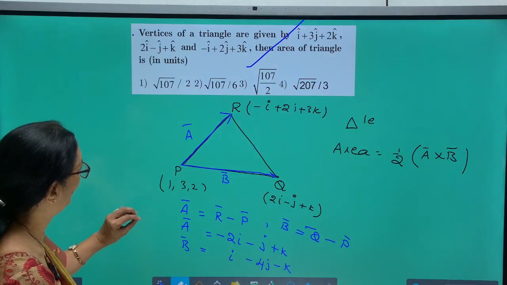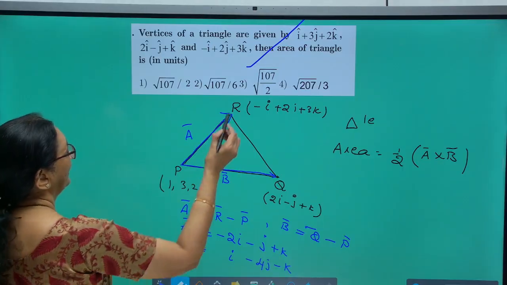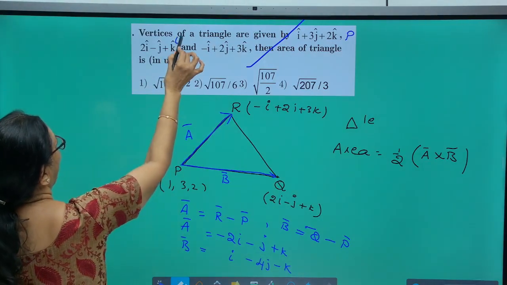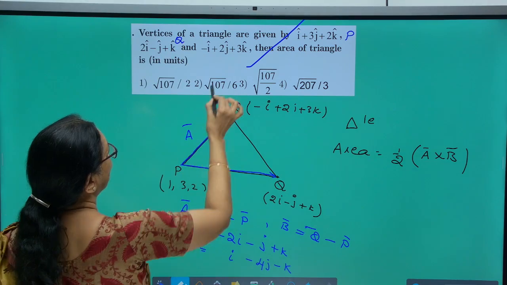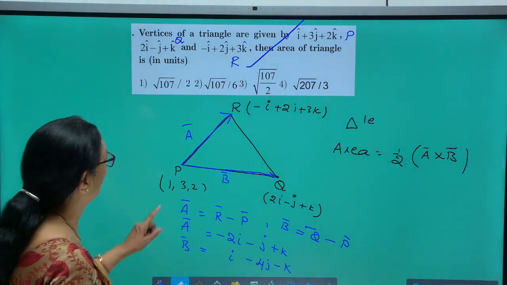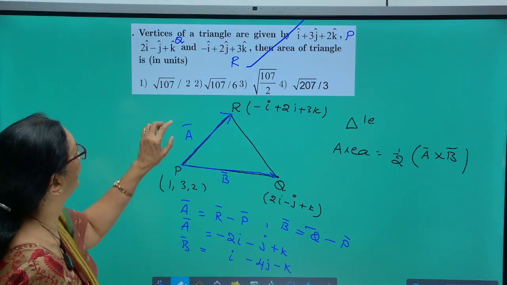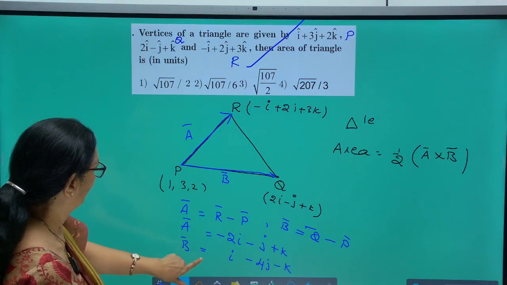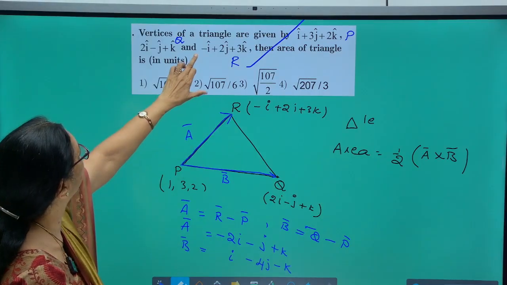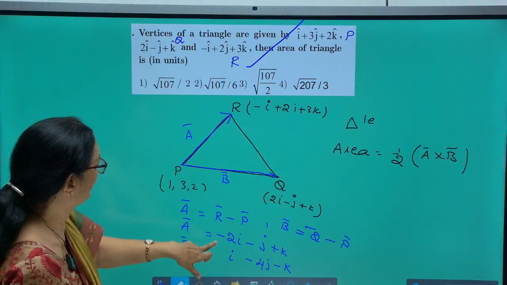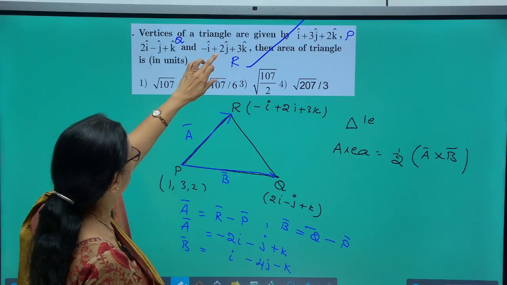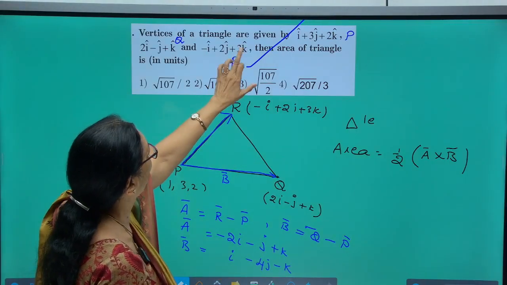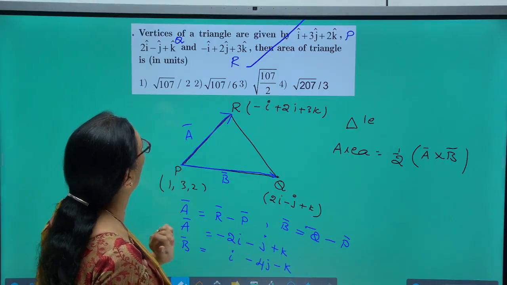So, let me verify this once again. We have taken this as P, this as Q and this as R. So, A bar is R minus P: minus 1 minus 1, this is minus 2, 2 minus 3 is minus 1, 3 minus 2 is 1.